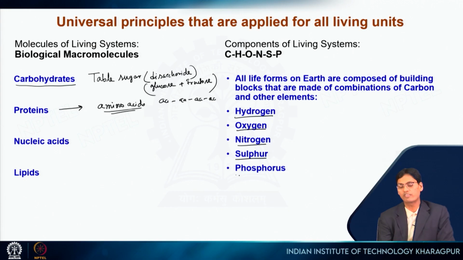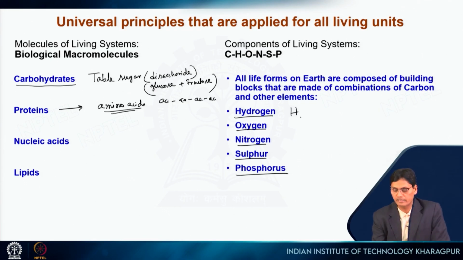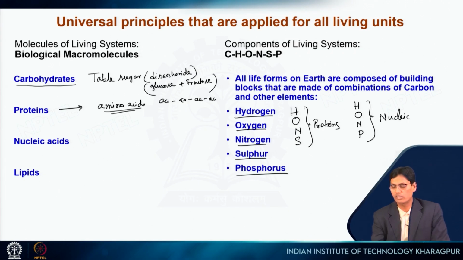And now these components of the living system, whatever macromolecules I mentioned, have hydrogen, oxygen, nitrogen, sulfur and phosphorus. These are the major atoms present in these biological macromolecules. Especially you should know that hydrogen, oxygen, nitrogen and sulfur are present in proteins, and similarly hydrogen, oxygen, nitrogen and phosphorus are present in nucleic acid. This information will be helpful in future discussion.